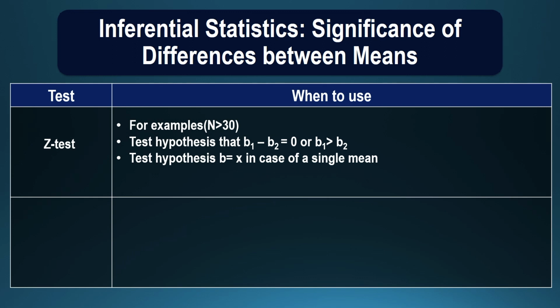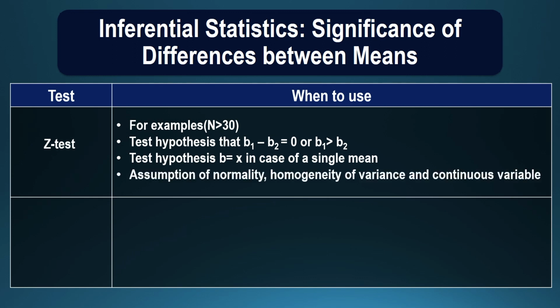And there are certain assumptions which the data set needs to fulfill, and these include that scores are normally distributed and there is homogeneity of variance between the sets, and the variable is continuous.